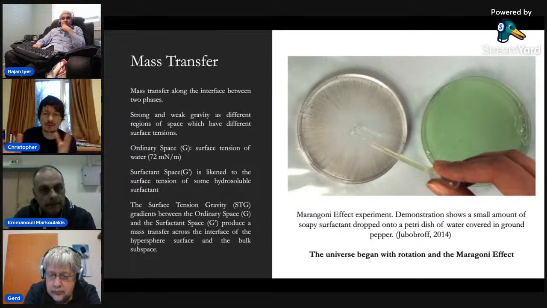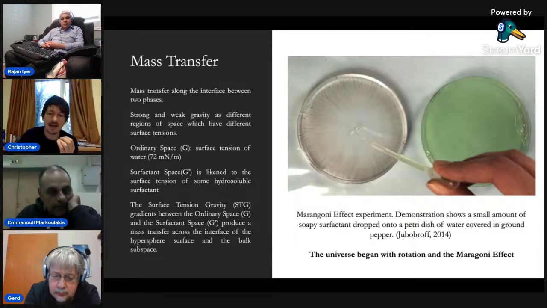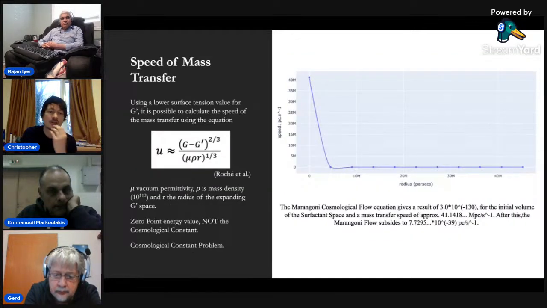So obviously, if we were to apply this effect to the universe, then we could imagine that at some point, a small amount of this new kind of space with this new gravitational constant is added into our universe, causing this rapid transfer. So we can use this equation here to determine the speed of this mass transfer.